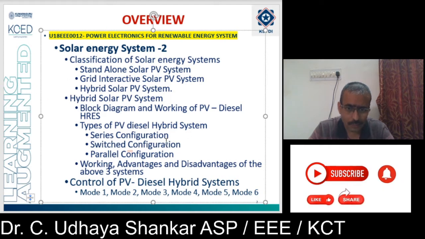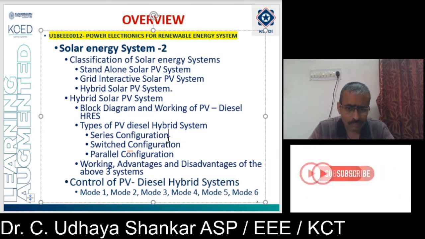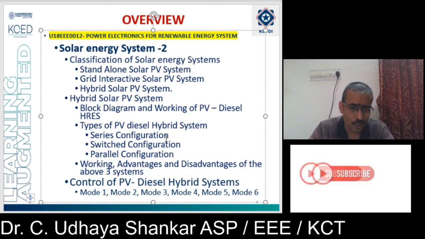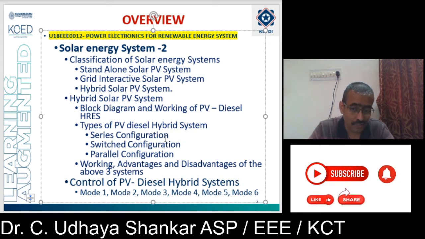And then we will be moving on to discuss the advantages and disadvantages of the above three systems, and also the working will be discussed. Finally we will close this session with a discussion of how to control this PV diesel hybrid system in an optimal manner to achieve better performance, high reliability, good efficiency and longer life.